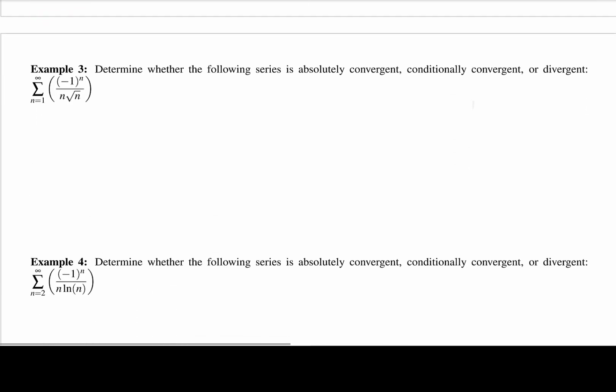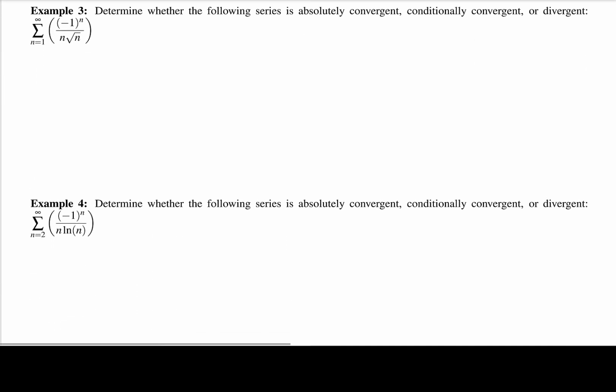Okay, now let's continue on and actually start showing whether things are absolutely convergent, conditionally convergent, or just divergent. The first thing that we do whenever we're asked a question like this is decide: is this going to be a convergent case or a divergent case?